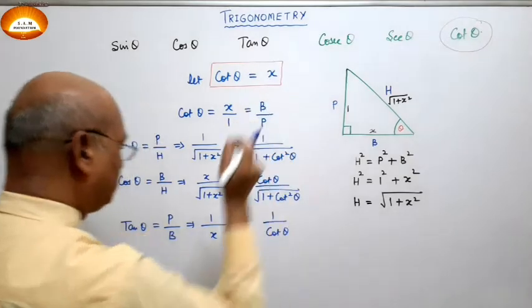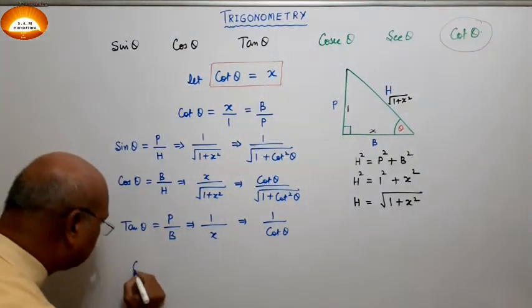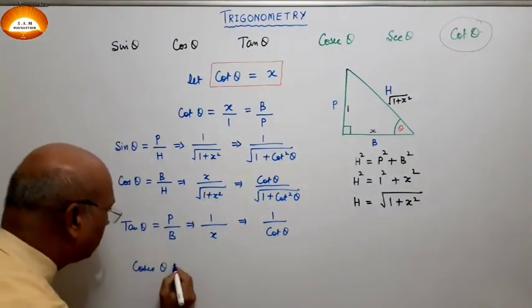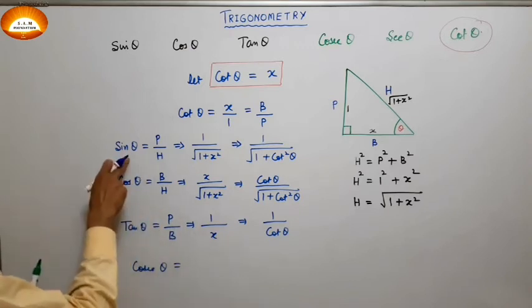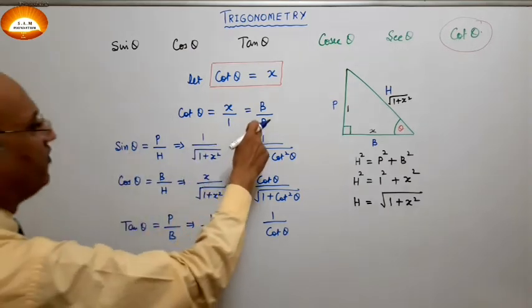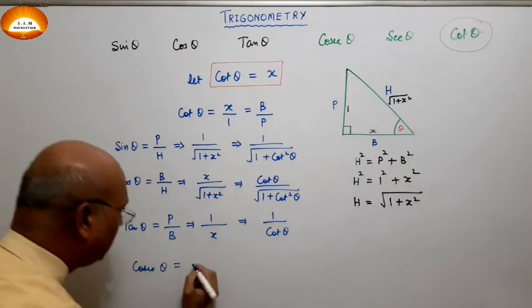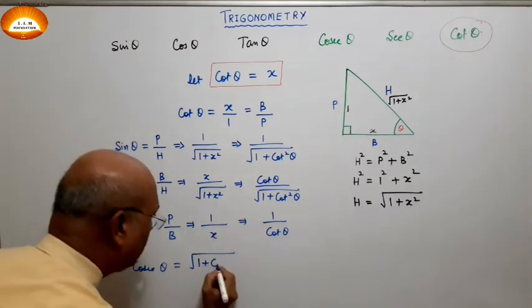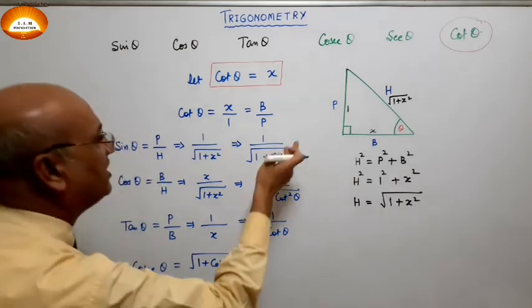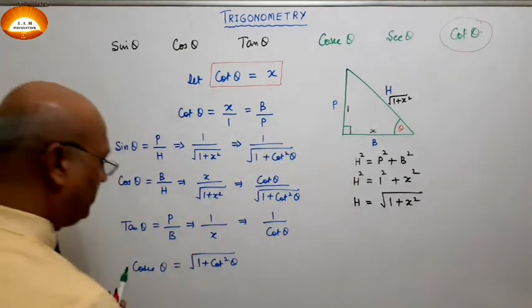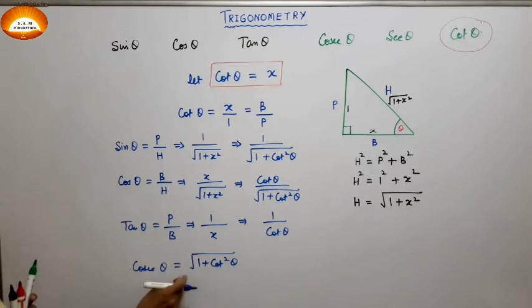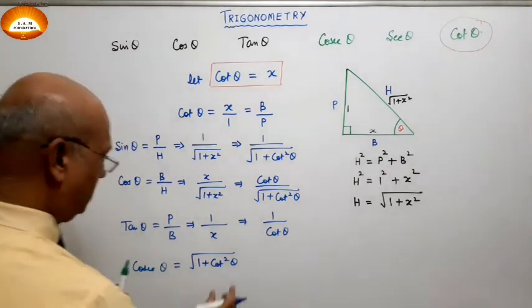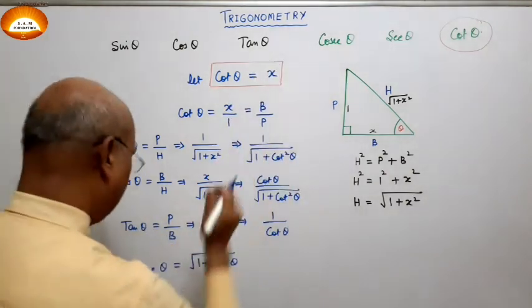Now we want cosec. Cosec theta, we know that it is the reciprocal of sine. So 1 upon this, we'll reciprocate it. It will become under root 1 plus cot square theta upon 1. No need to write upon 1. The value of cosec theta will be under root 1 plus cot square theta. Then sec theta.